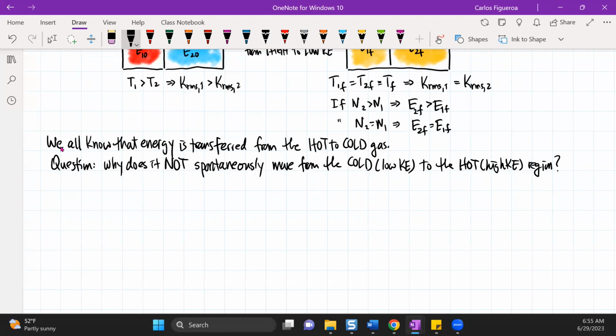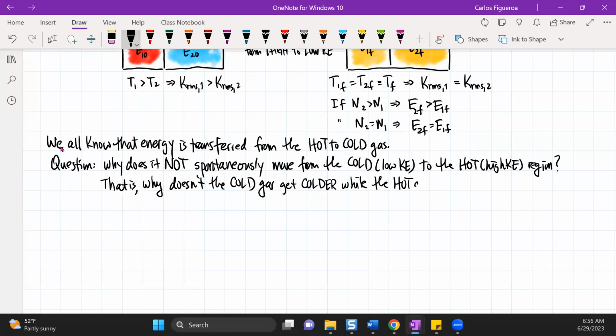That is, why doesn't the cold gas get colder while the hot gas gets hotter during a heat interaction? Why?